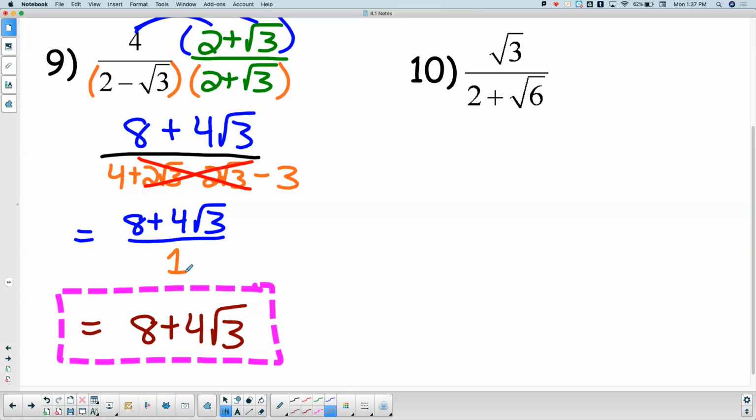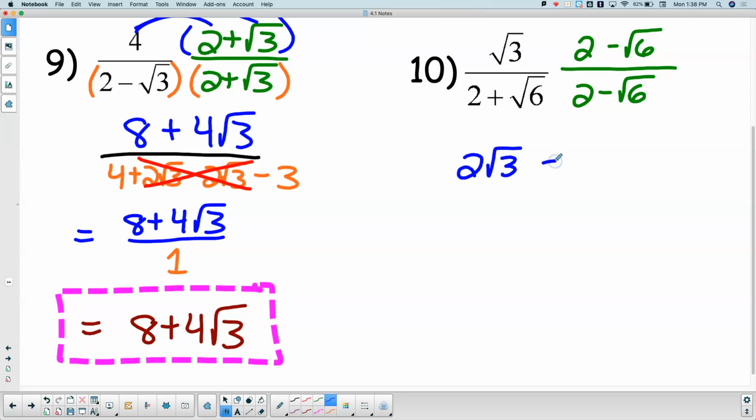Okay. You try number 10. My conjugate is 2 minus the square root of 6. So I'm going to multiply that both top and bottom. If I multiply it on the top, I get 2 square roots of 3 minus the square root of 18.